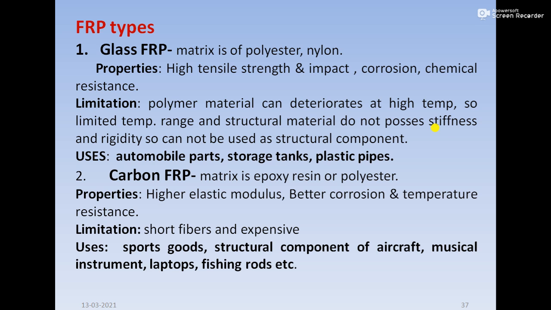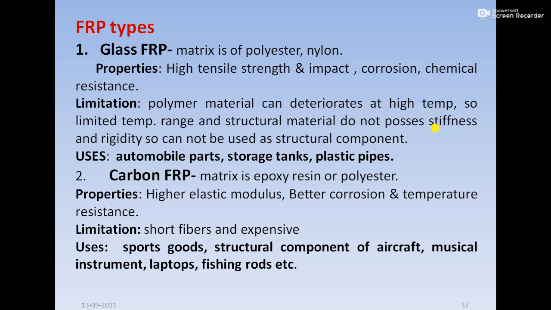And second is carbon FRP. So in carbon FRP, the reinforcement will be the carbon and the matrix phase will be the epoxy resin or polyester. Properties of carbon FRP, it has high elastic modulus, better corrosion and temperature resistance. So as we know, carbon is resistant to microbial attack, and its range is very high temperature range.